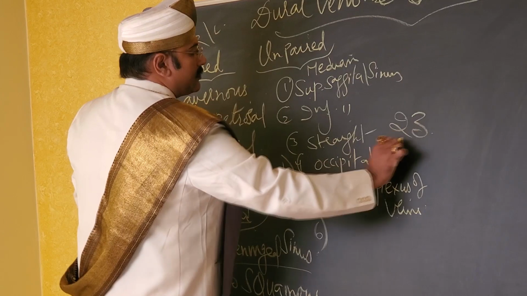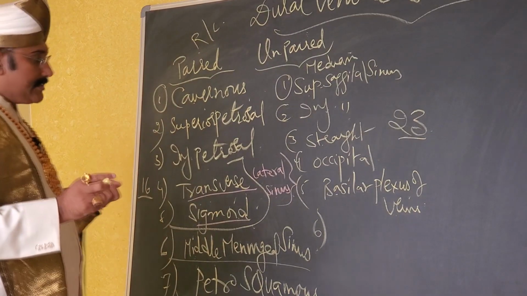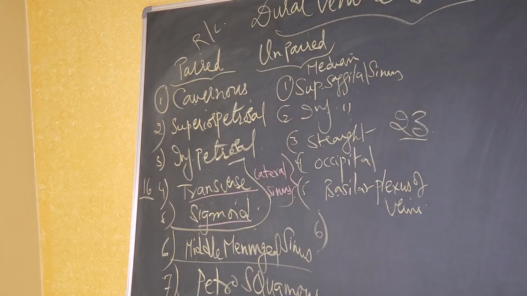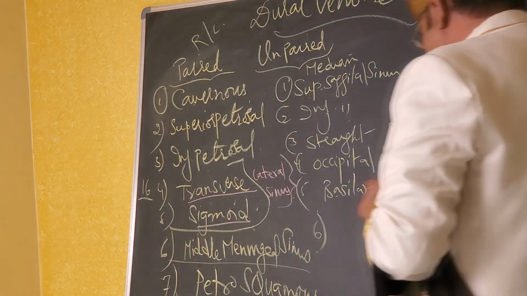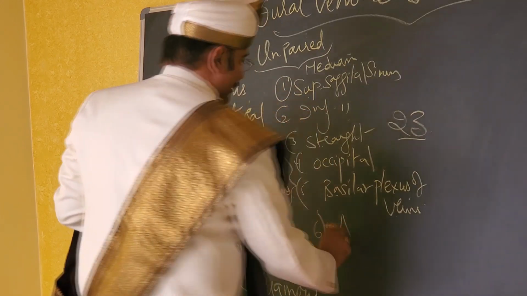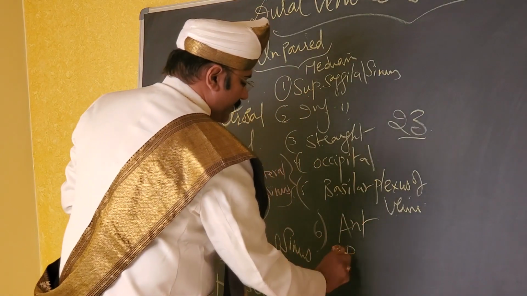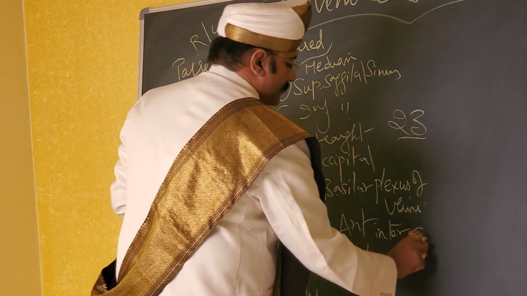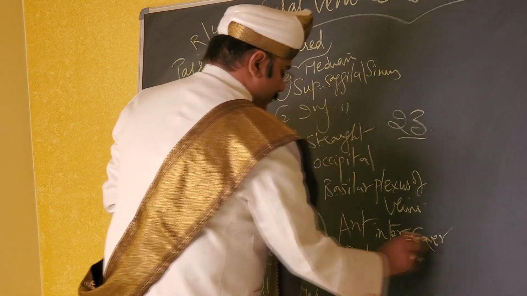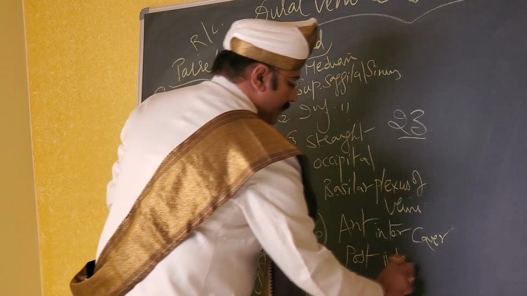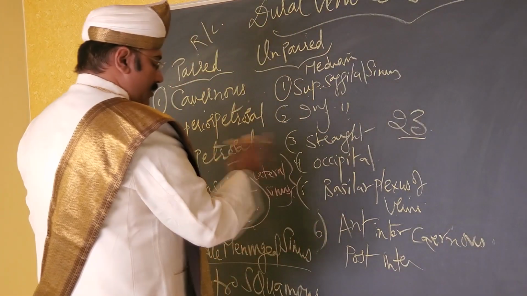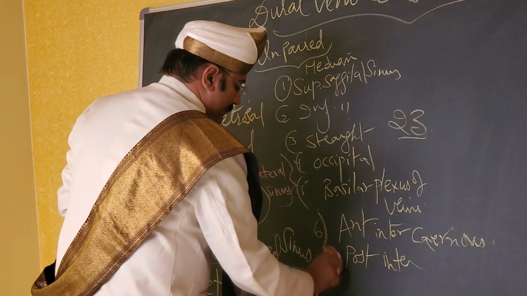So what are the other two sinuses? The anterior and posterior intercavernous sinuses, which are connecting the right and left cavernous sinus.